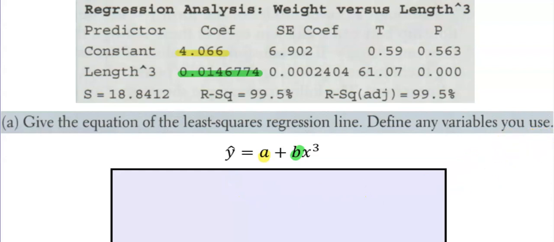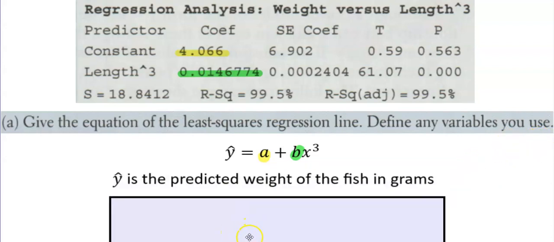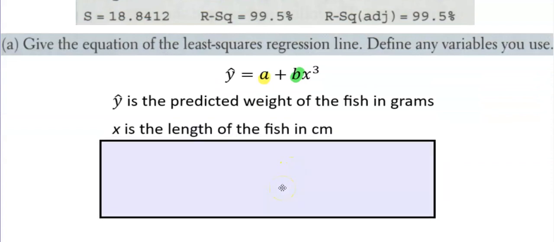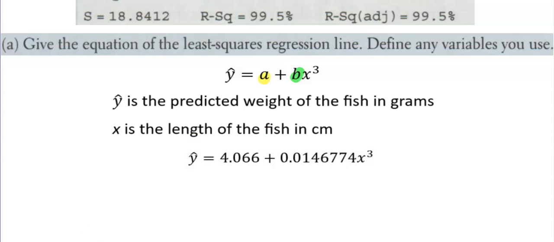So I am going to plug in those values, where y is my predicted weight, x is the length of my fish, because it said we got to define our variables. If you don't define your variables, you will lose points on your AP statistics exam. So define those variables. Plug in the value of A, plug in the value of B, and there is my equation.